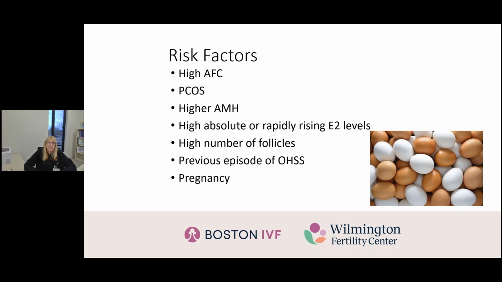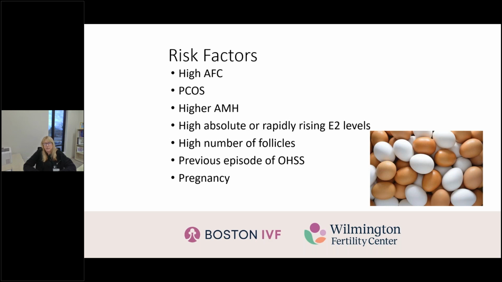So if the patient has a high antral follicle count, if the patient has PCOS, a high AMH, those are all associated with a greater risk of ovarian hyperstimulation. Estrogen levels, if they're over 3,000, are at a greater risk, and if they have a high number of follicles or high number of oocytes retrieved over 25, they're at increased risk.